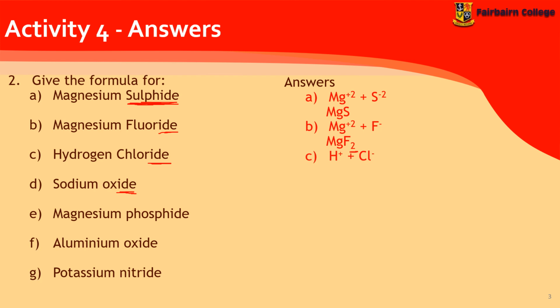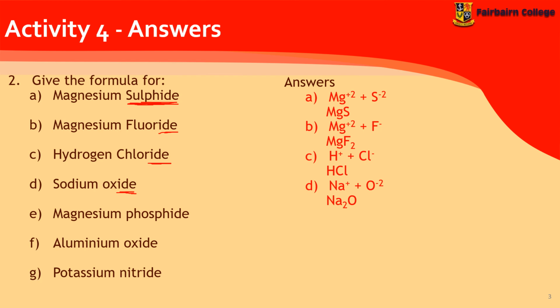Then hydrogen chloride: hydrogen is +1, chlorine is -1, so it's just HCl. Then sodium oxide, sodium and oxygen. Sodium is +1, oxygen is -2, so it becomes Na2O.